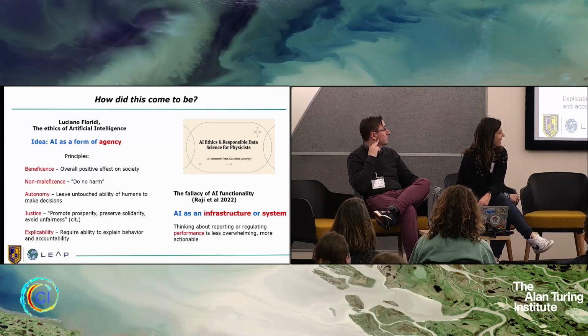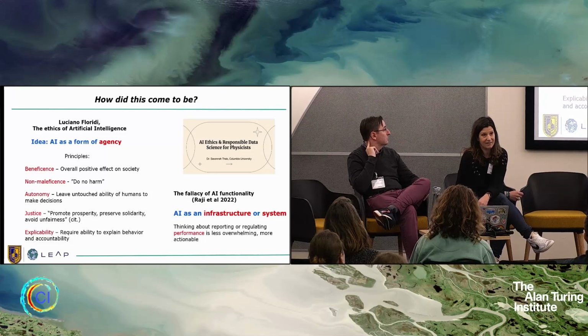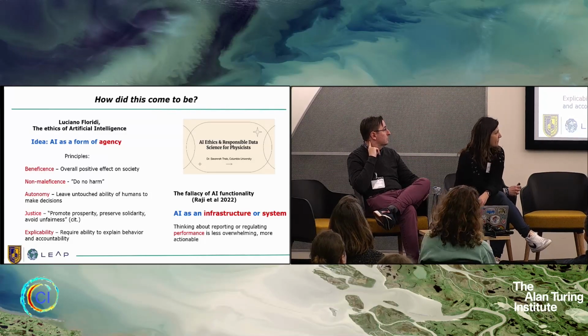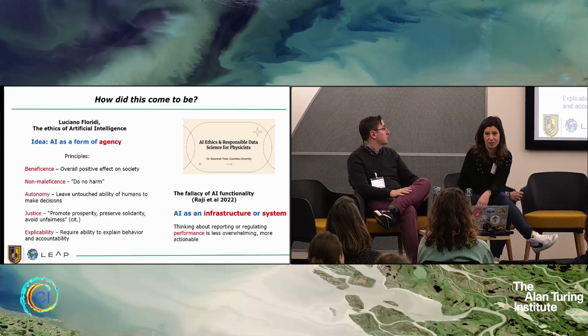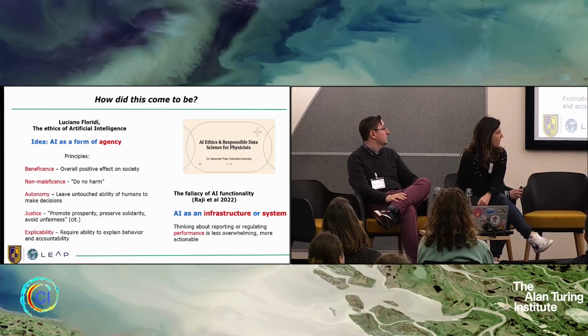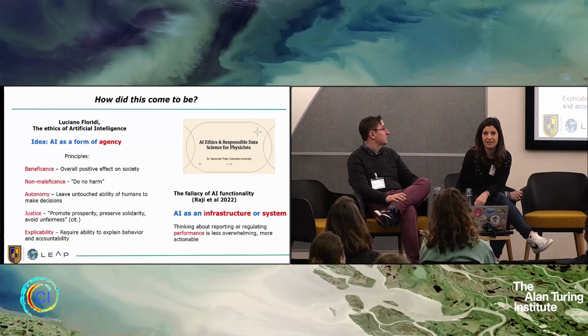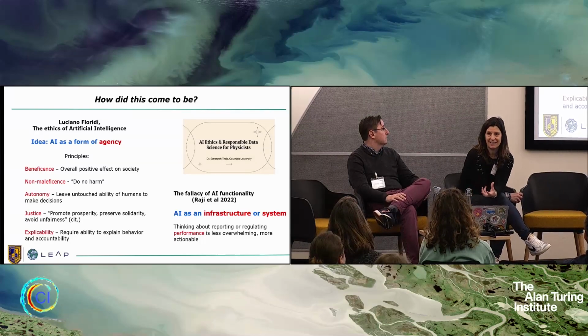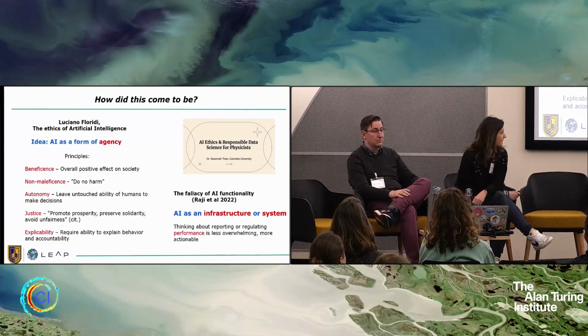And the other big moment was when Savannah, one of our panelists, came to guest lecture in one of my grad classes in ML for Physics and Astronomy. And she introduced me to this paper called The Fallacy of AI Functionality, which talks about, again, AI as an infrastructure or system, and proposes looking at all the many ways in which AI systems can fail as a guidance for how we can do better and how we can introduce ethical principles in our scientific practice.